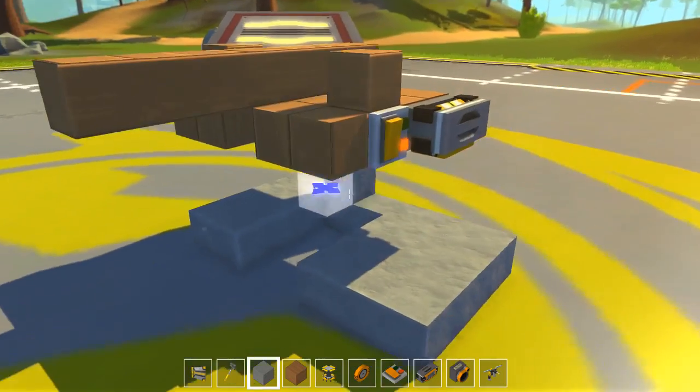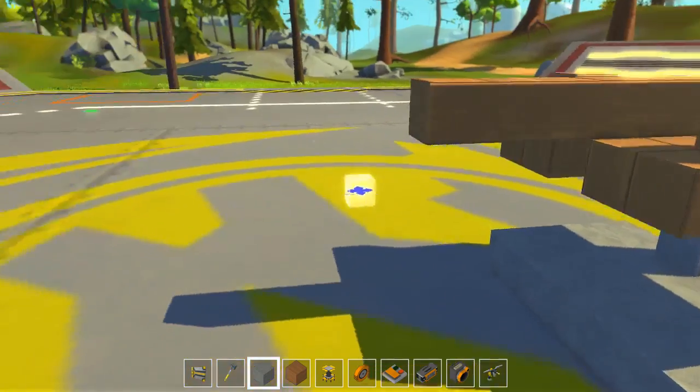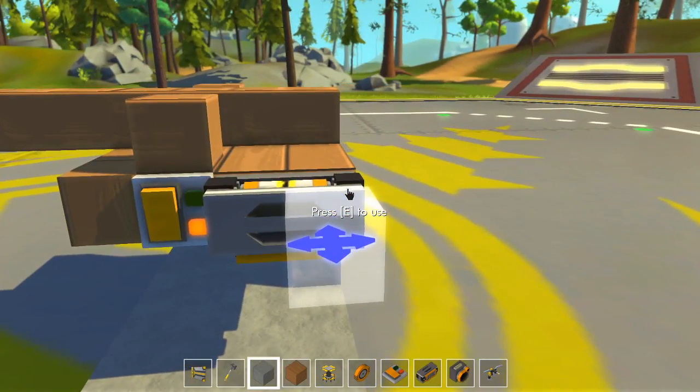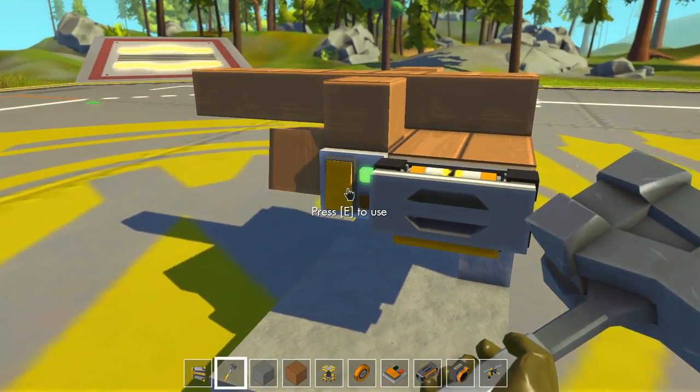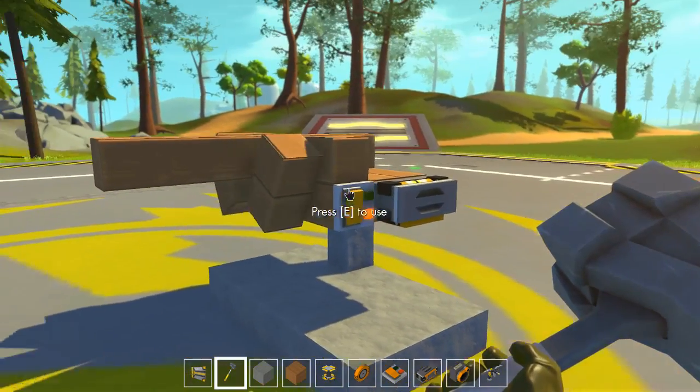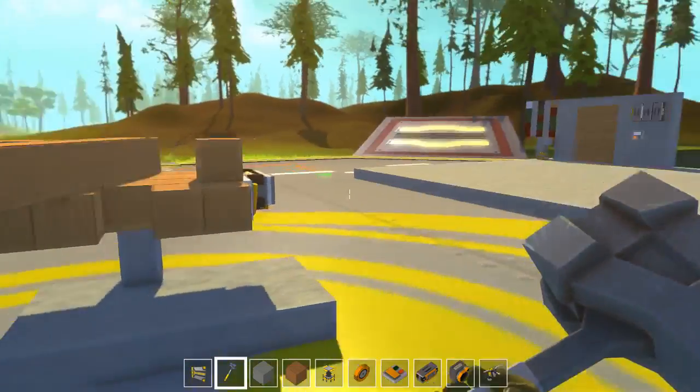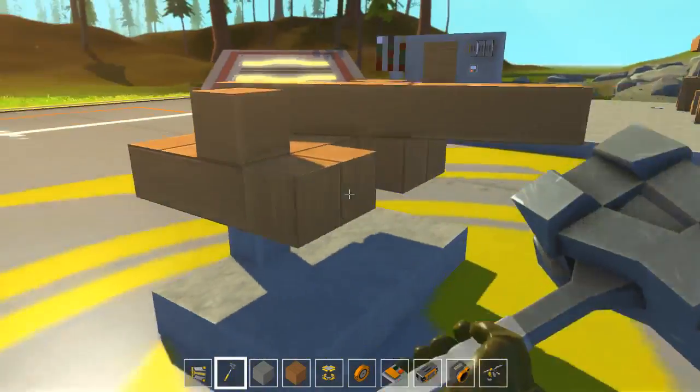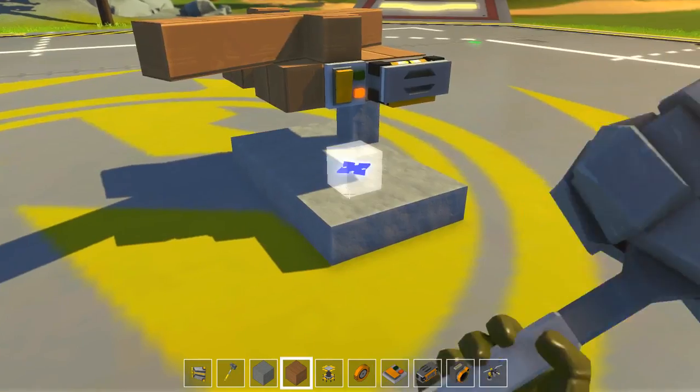The lift. Alright, so it's on its thing and it's resettable. Lock, unlock, wonk, wonk. Alright, and then we put it back on the lift.